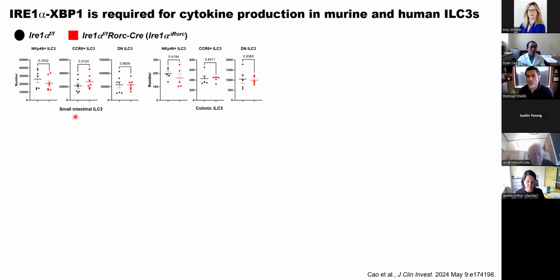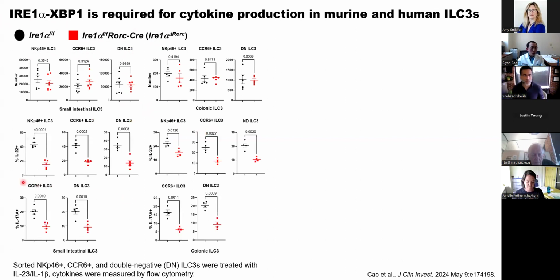Here you can see in the small bowel and the colon, the number of ILC3s was unchanged at steady state. However, when I stimulated the ILC3s with a combination of IL-23 and IL-1 beta, you can see the expression of both IL-22 and IL-17A were significantly reduced in the ILC3s from the knockout mice.